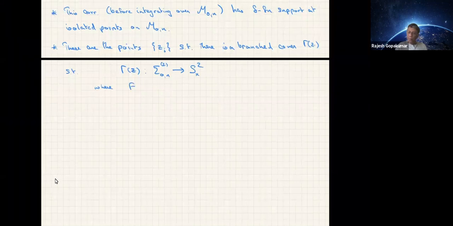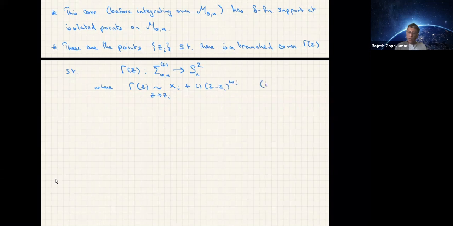So gamma of Z, in the vicinity of each of these Zi's, takes the point Zi to the point Xi, but with a branching number W.